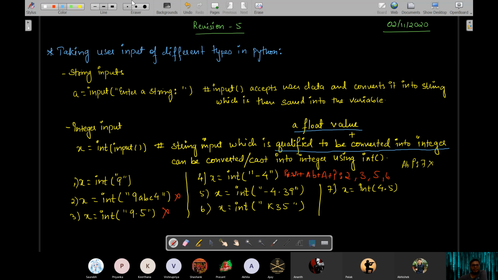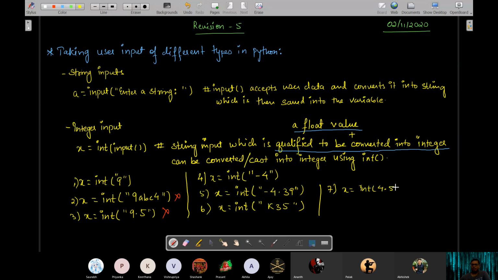Okay. So yaad rakhna hai. Okay. Right. So I'll just remove this part so that you can later refer to it. Okay. And 4.